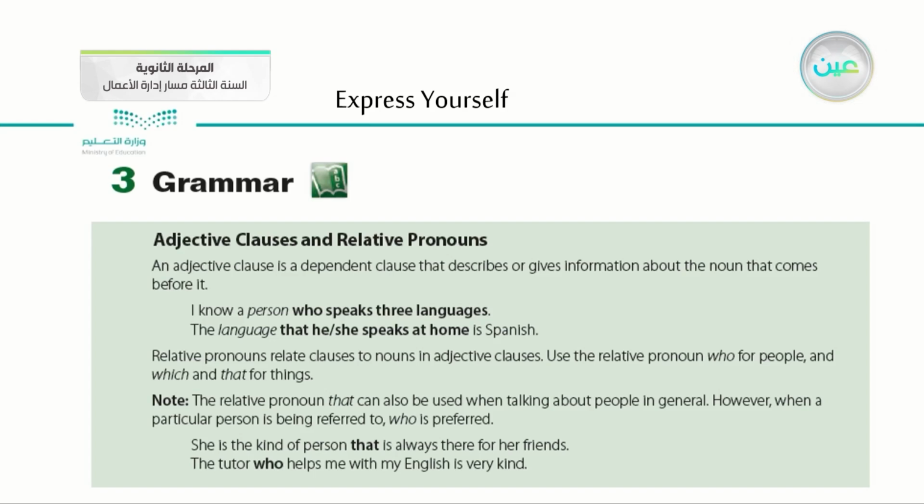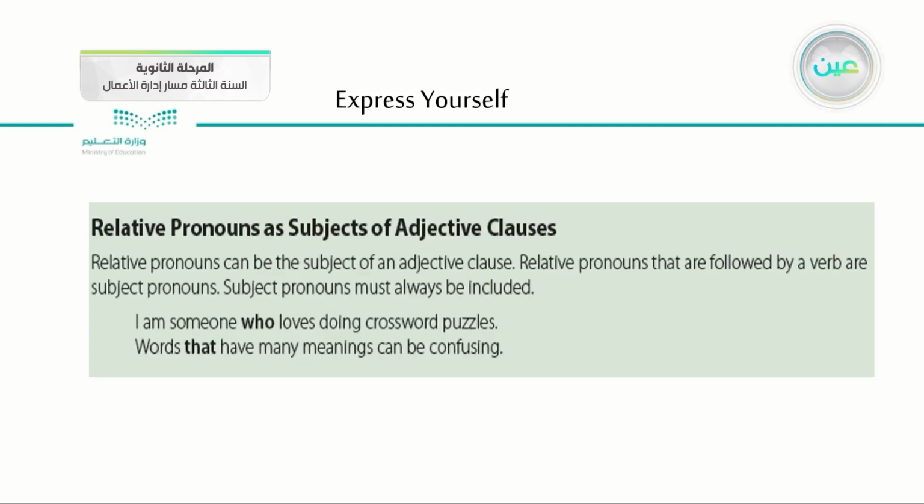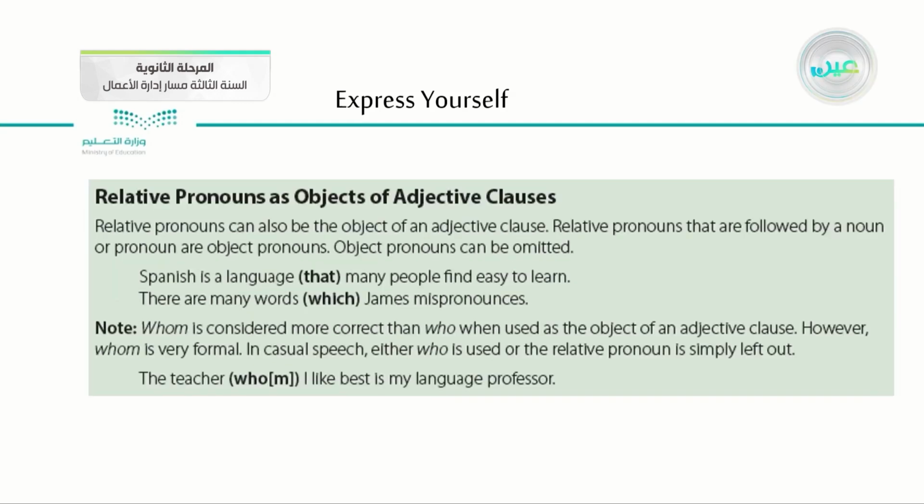And that can replace both of these 2 relative pronouns. After that, we talked about the relative pronoun when it comes as a subject of the adjective clause. And we said that the subject pronoun must always be included, while on the other hand, when it becomes the object of the adjective clause, it can be omitted.